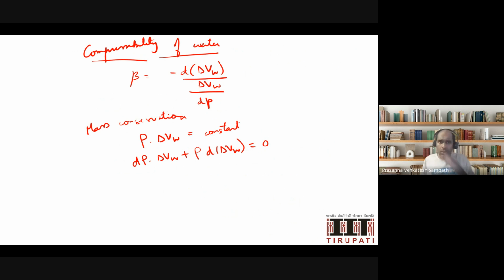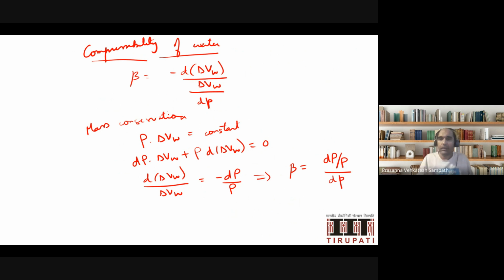If you rearrange this, you'll get d delta Vw divided by delta Vw equal to minus d rho divided by rho. I'm sure you already know where this is going. If I put this into this equation, the negative sign disappears because I have another negative over here. So I'll get beta equal to d rho divided by rho, divided by dp.